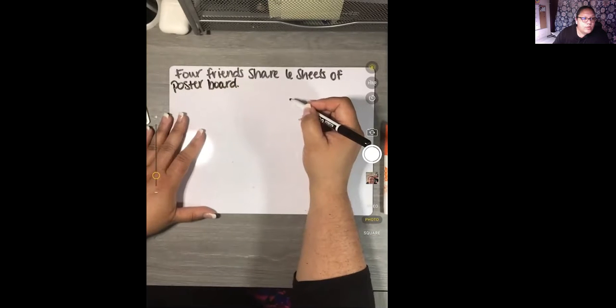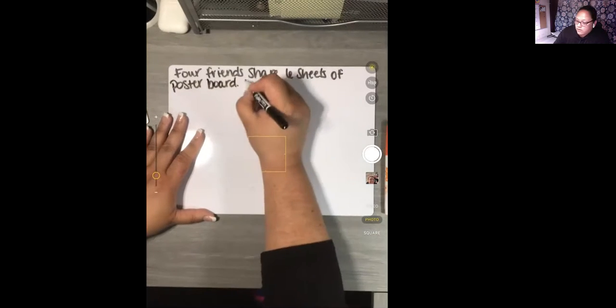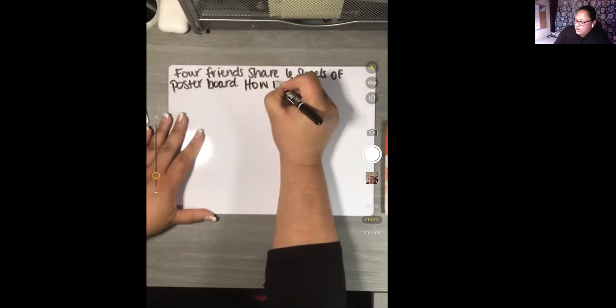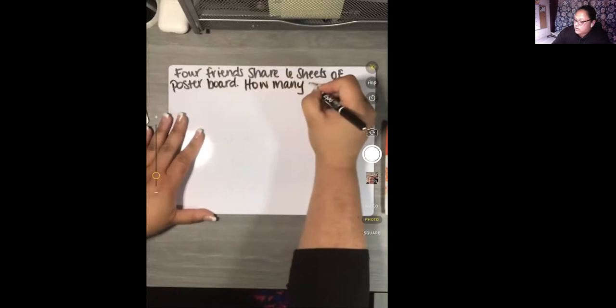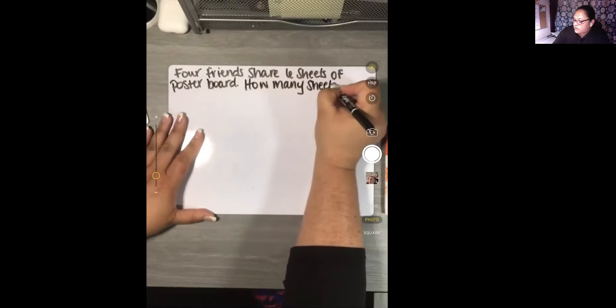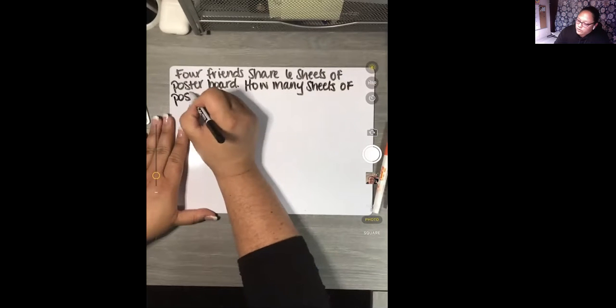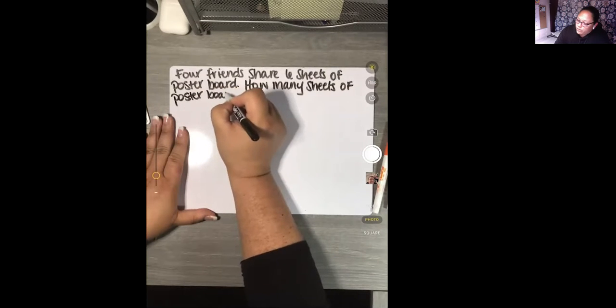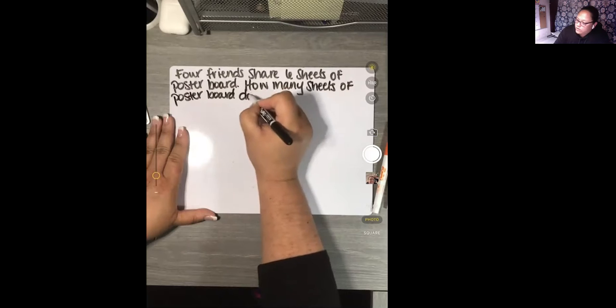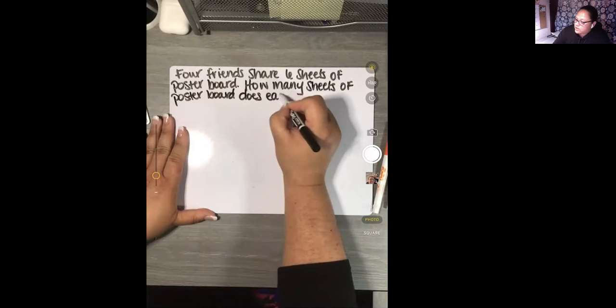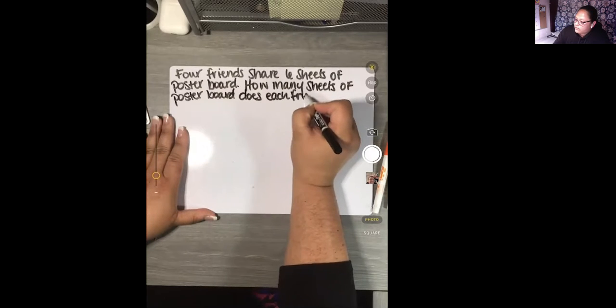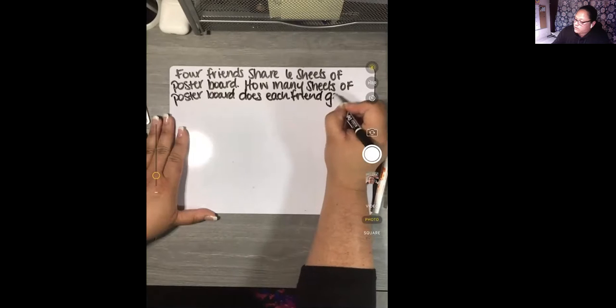How many sheets of poster board does each friend get?